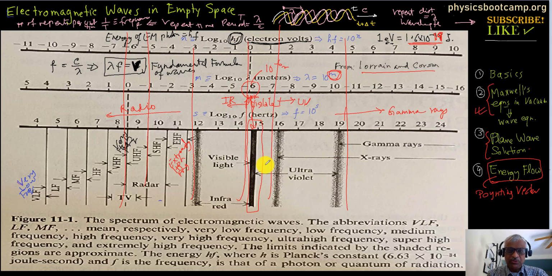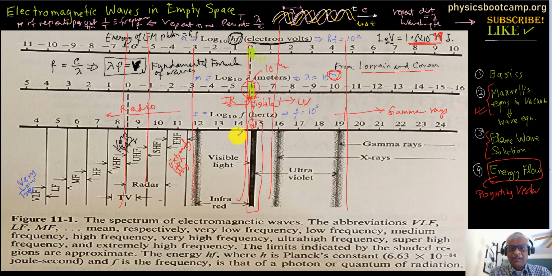It's important to notice that visible light is a very tiny window here. This is visible light. It's near 1 electron volt, because log of 1 will be 0. A little bit more than 1 electron volt, 1.2, 1.5, right? So it's over here.